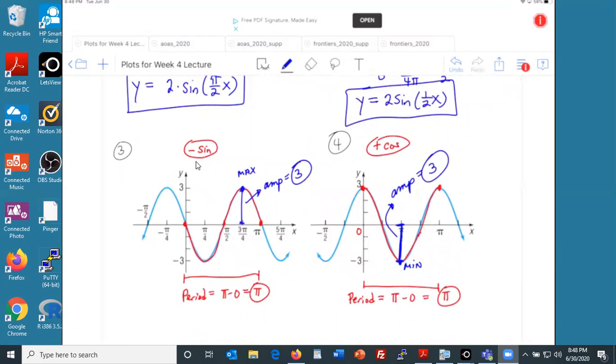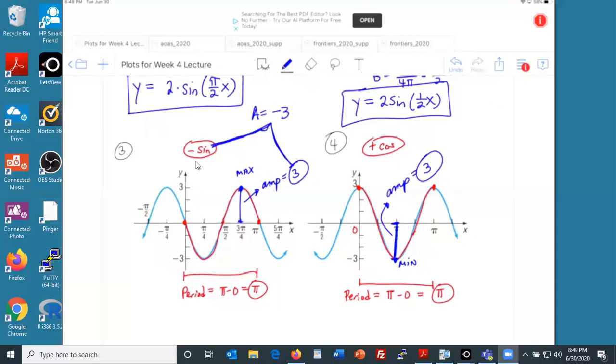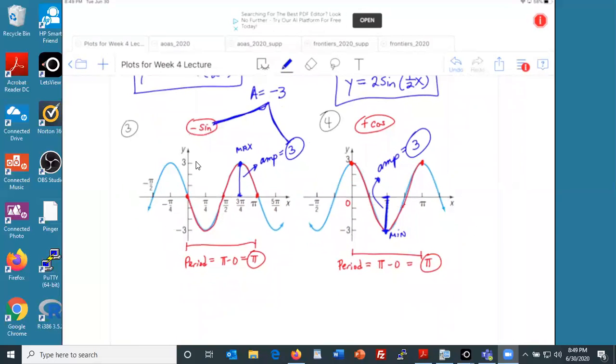All right, next, number 3 here. So note that we have a negative sine function and an amplitude of 3. So therefore, what does that mean? A is negative 3. The period at the bottom there is pi. So remember, we can get the b value from the period. So it's 2 pi divided by period.